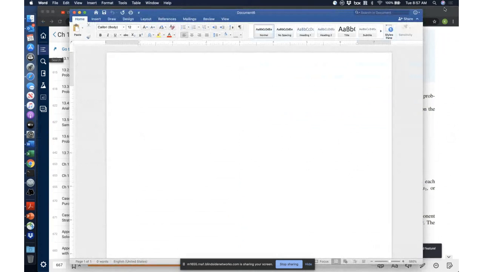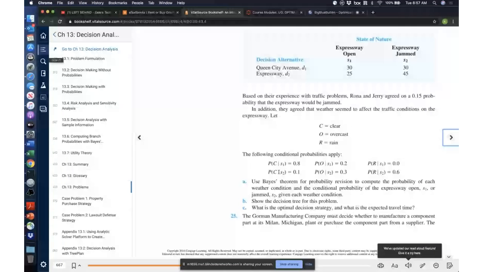So remember, what is the probability of C given S1? This is a conditional probability. Again, remember from your statistics classes, this is the probability that the skies will be clear given that you notice that the expressway was not jammed. Whenever you notice that the expressway was not jammed, there's an 80% chance of clear skies.